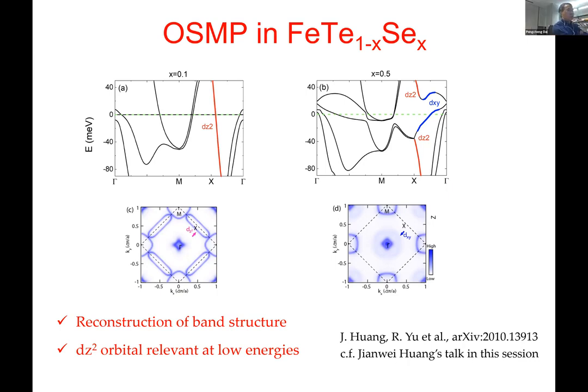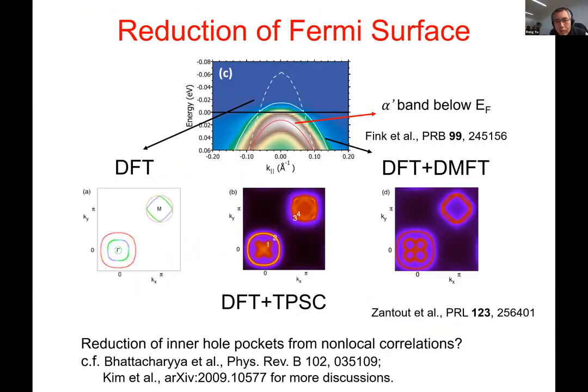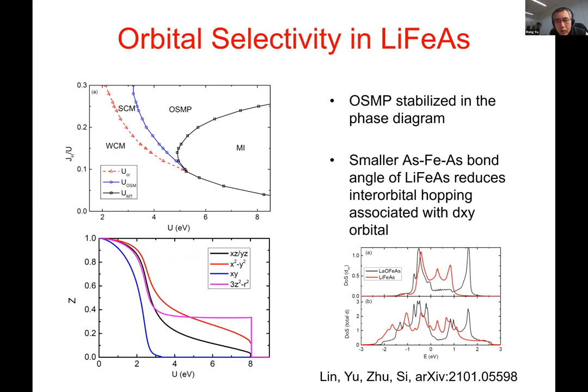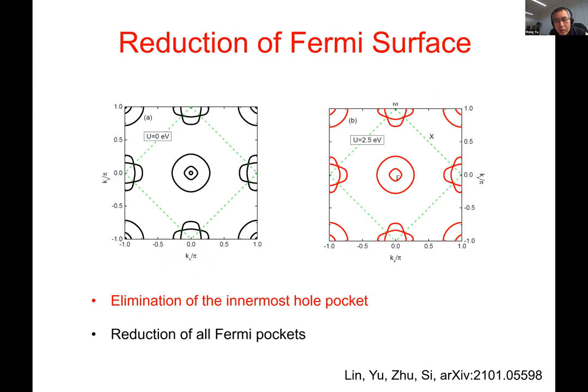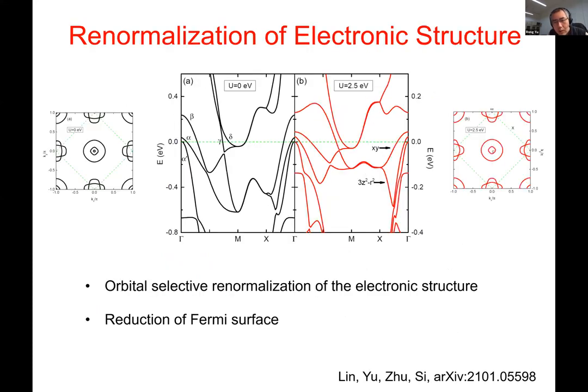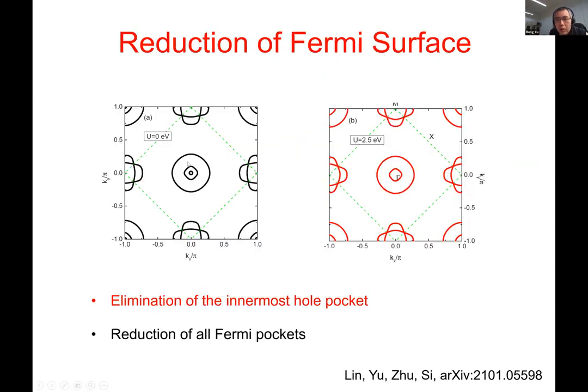Okay, so let me ask you, Rong. For the lithium iron arsenide, are you also suggesting which orbital is responsible, dyz or dxz? Responsible for what? For superconductivity. That's a very good question. For this one, there is a reconstructed Fermi surface, which means the innermost one does not exist.